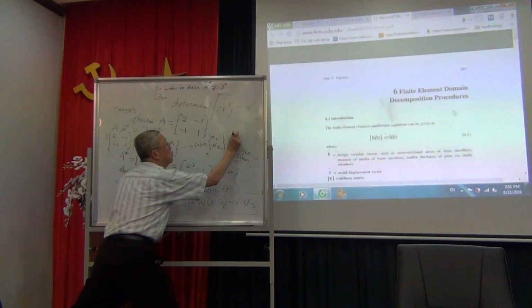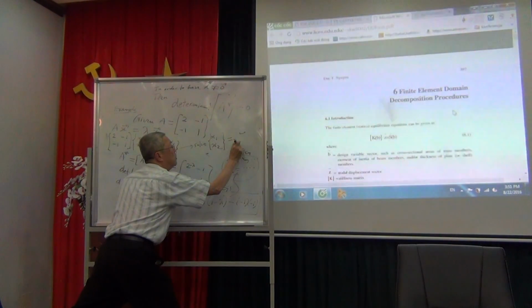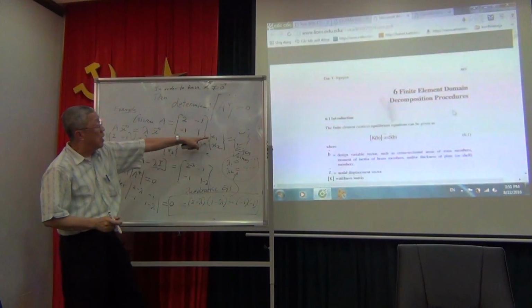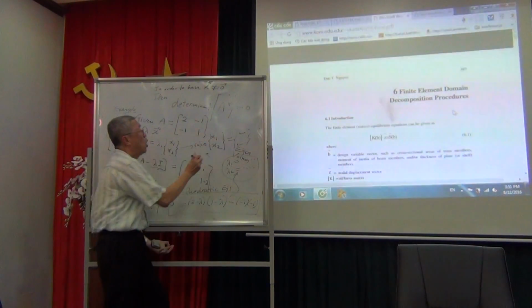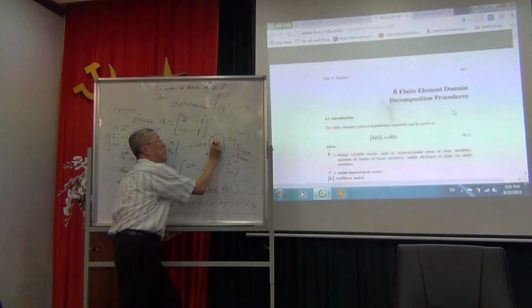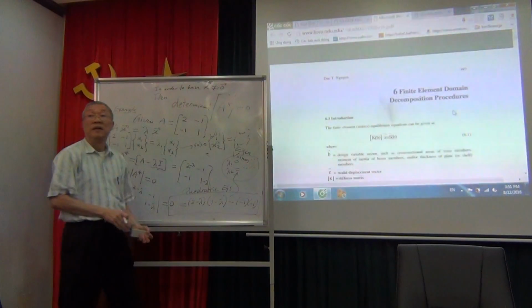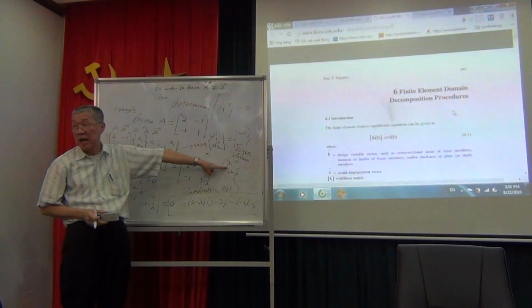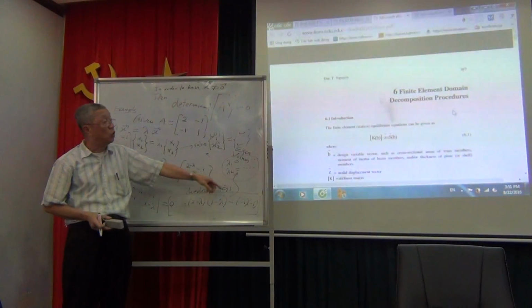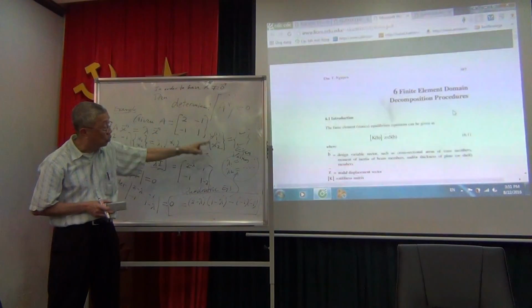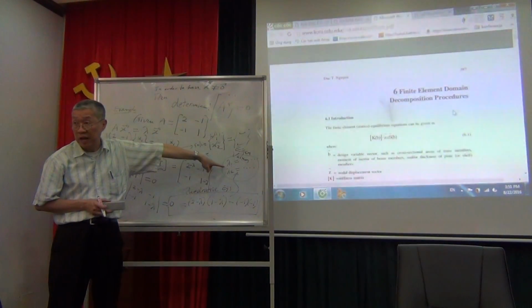It will be equal to some value, some value. Now, these are the components of the first eigenvector. The superscript 1 is because you're talking about the first eigenvalue. So this will give you the first eigenvector associated with the first eigenvalue.